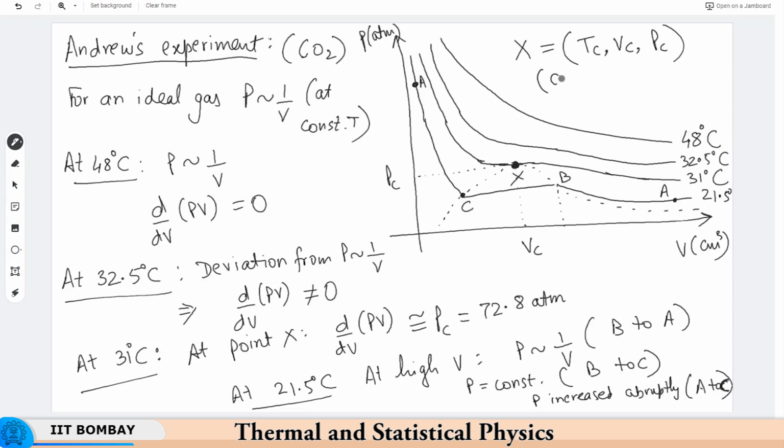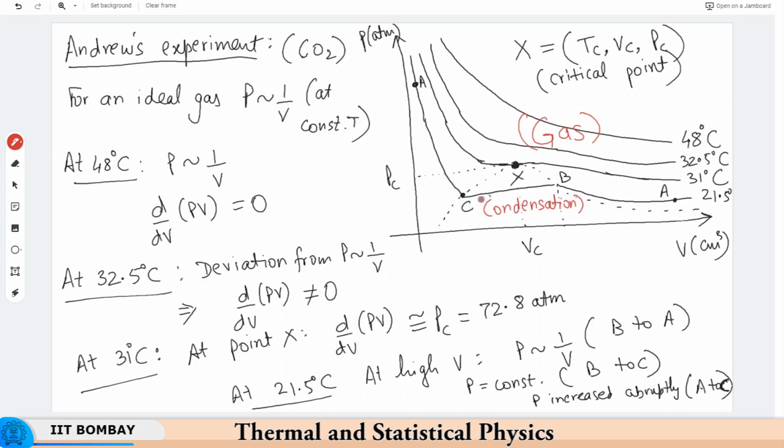This is called the critical point. These were the isotherms that he observed, and he also observed that above this point X, the collection of carbon dioxide molecules was always in a gaseous phase, but below this X, there was condensation.